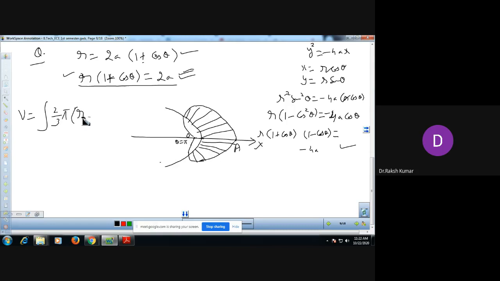In place of R cube, you will write R1 cube minus R2 cube, because this is the cross intersection of these two figures, cardioid and parabola. And when you revolve about the initial line, here comes sine of theta. And when you revolve about a line perpendicular to the initial line, then here comes cos of theta.